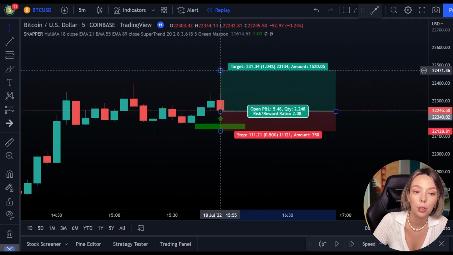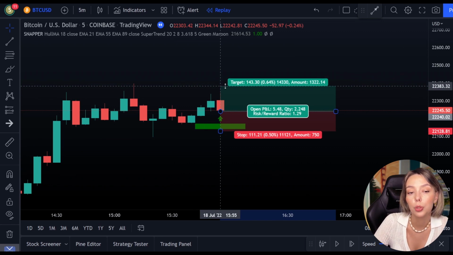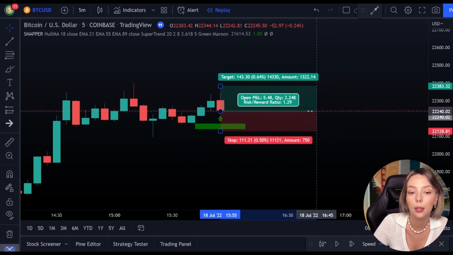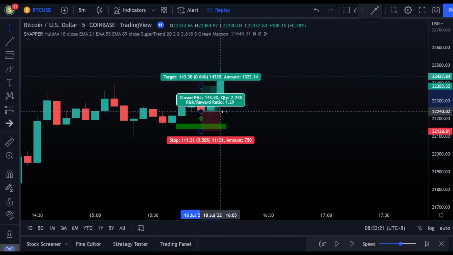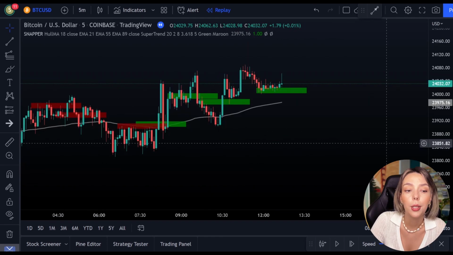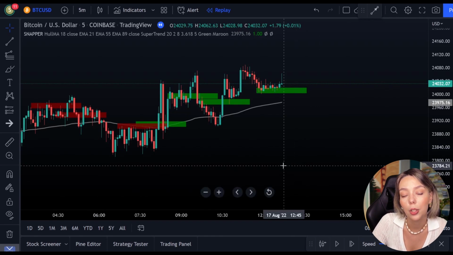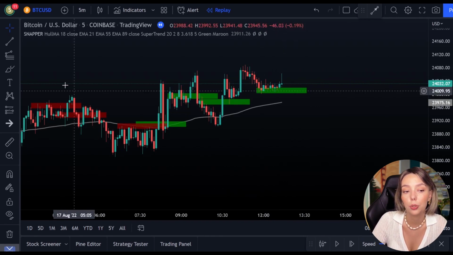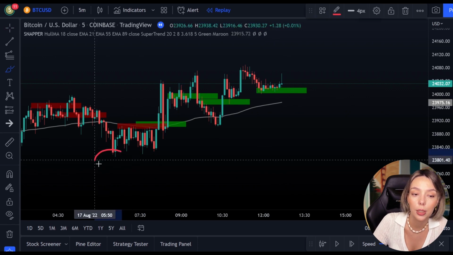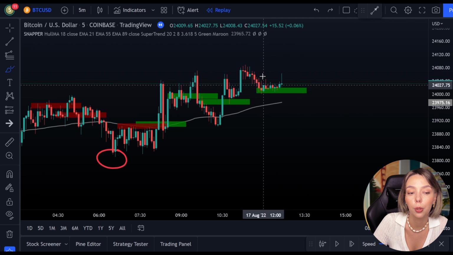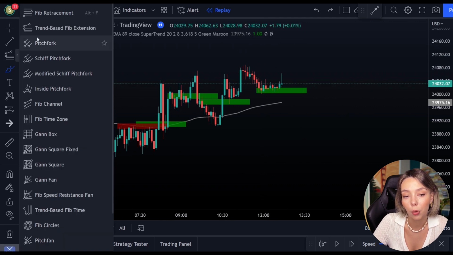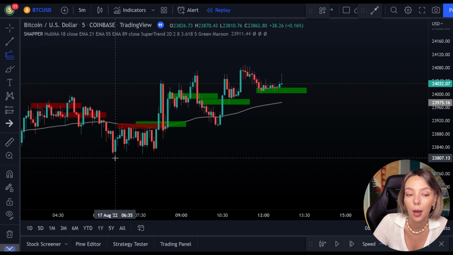The creator of the strategy mentioned that for a long trade we should place a take profit target at the recent highest price. For example, if you can't find the recent highest price for your take profit target, you need to use the trend-based Fibonacci extension, and what you basically need to do is draw the Fibonacci from the lowest point before the price crossed above the moving average all the way up to the recent swing high.